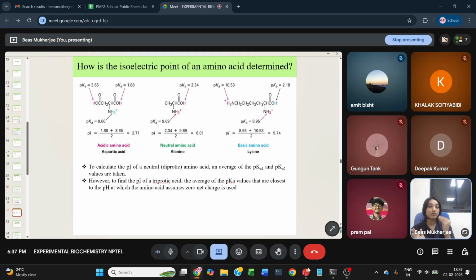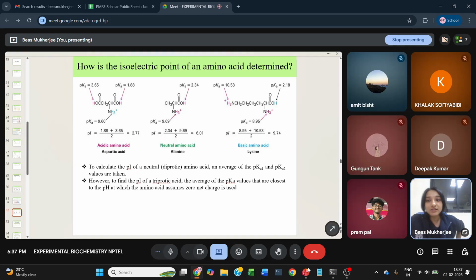For the neutral amino acid there are mostly 2 pKa values only, so you get the mean and from there you get the net pI. For the basic amino acid you have to take the 2 pKa values that are higher than 7 and make an average of that, and that is how you get it. Why that is happening, we have discussed. So I hope you understood that.